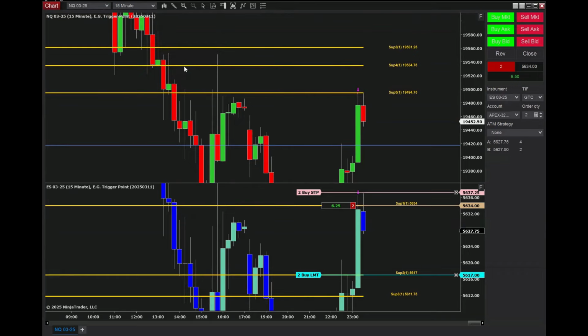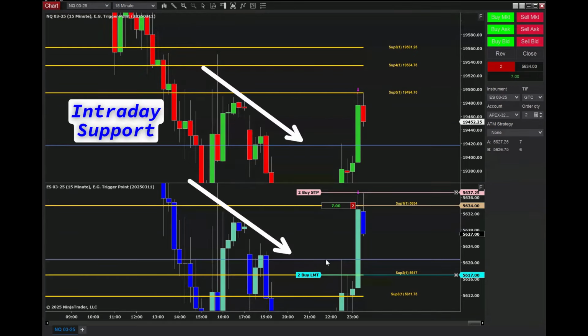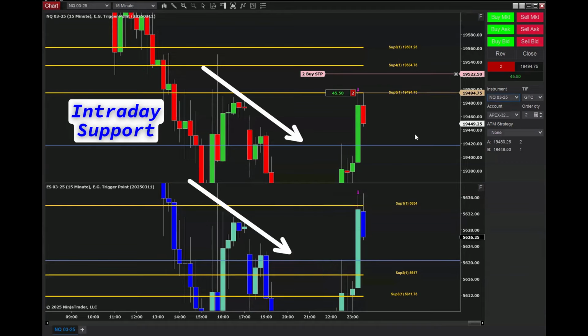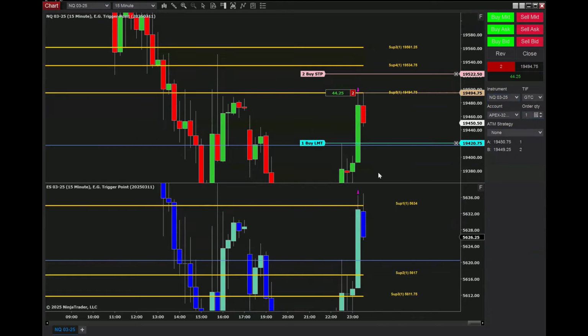In addition, I want to put another profit target closer. I identify an intraday support level on NQ and ES, intraday support levels created by both. I mark them, and I place the other profit target here for both.